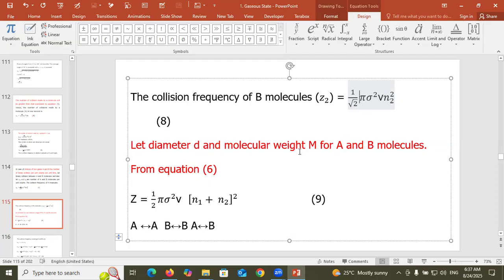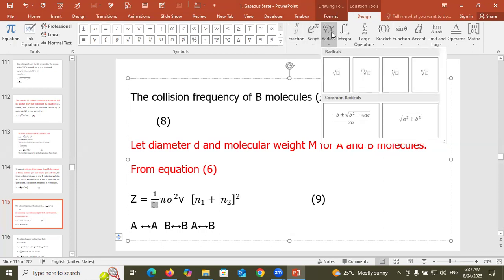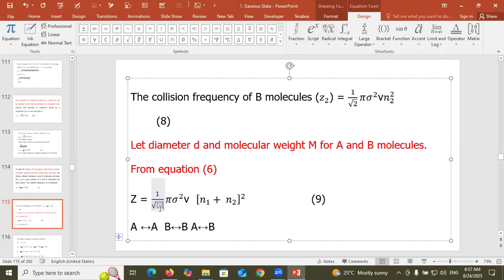Let the diameter be d and the molecular weight m for A and B molecules, from equation 6: 1 over root 2 pi sigma squared v (n1 plus n2) squared.